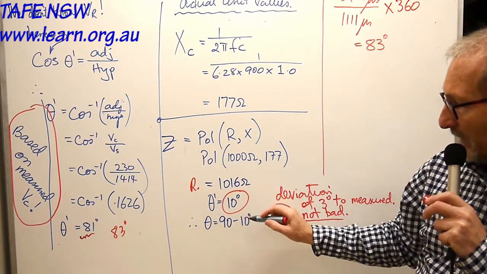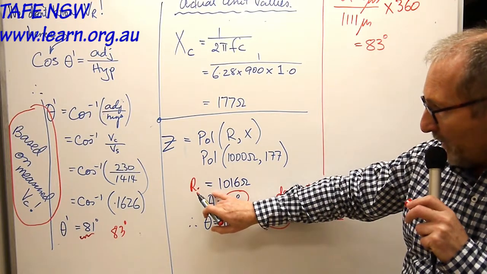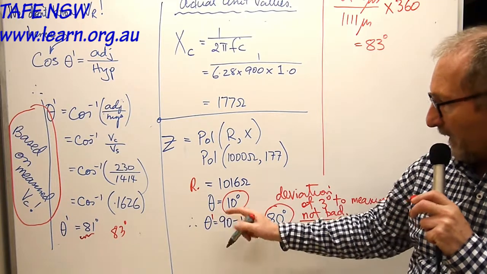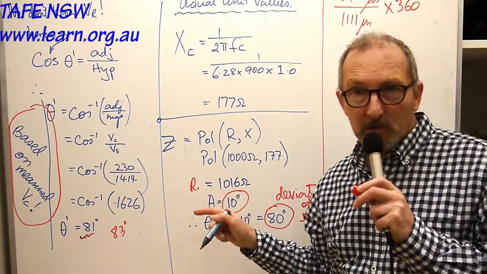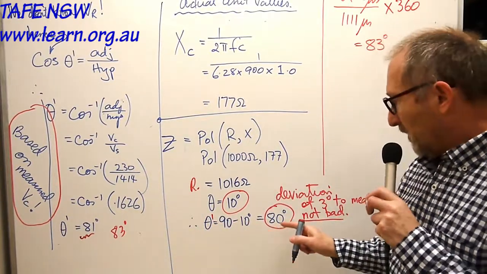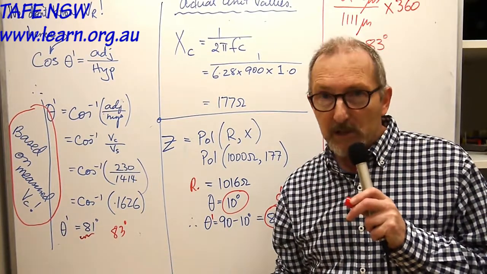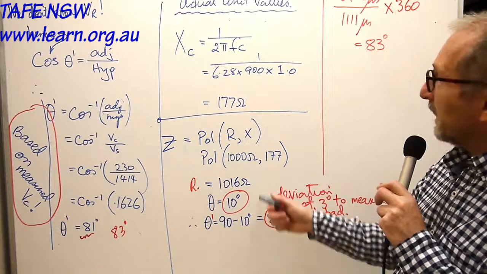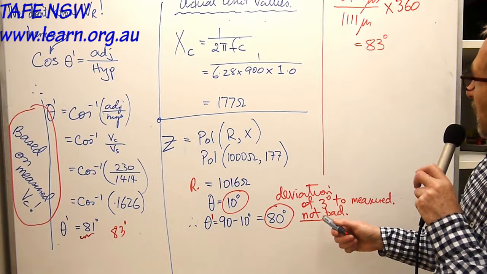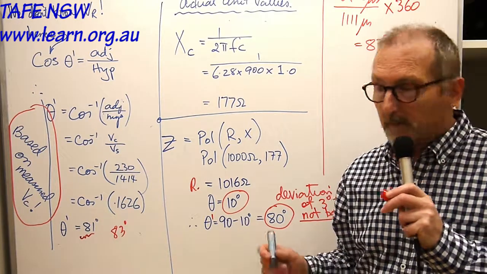The angle that we get, whoops, that would be theta, not theta 1. Theta, it gives me as 10 degrees, and then if I go 90 degrees minus that 10 degrees, I come up with theta 1. We got 83 degrees measured on the other board, and here it's saying mathematically 80 degrees. We have a deviation of 3 degrees, which is not too bad. I think that worked out okay on the day.